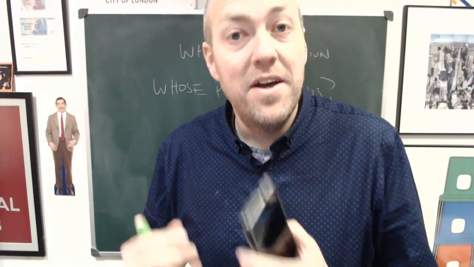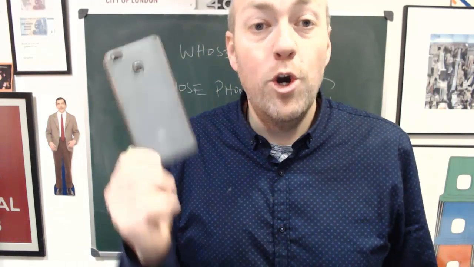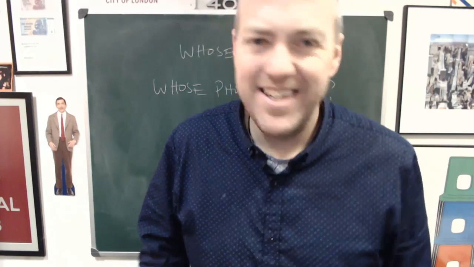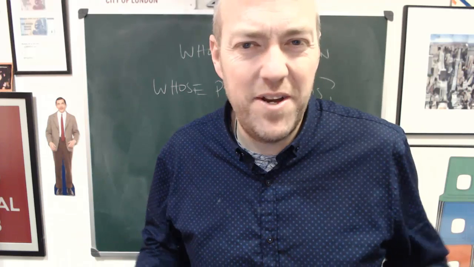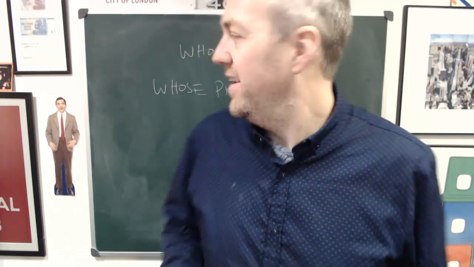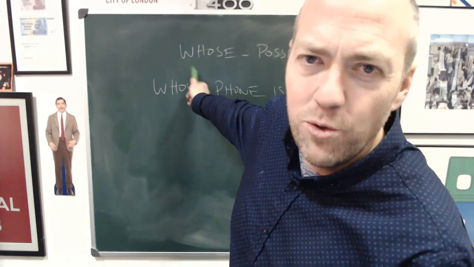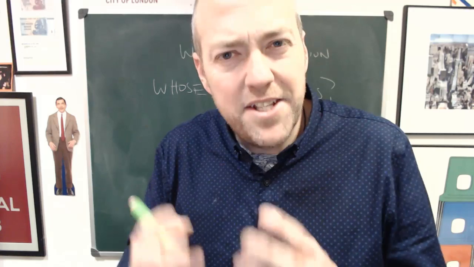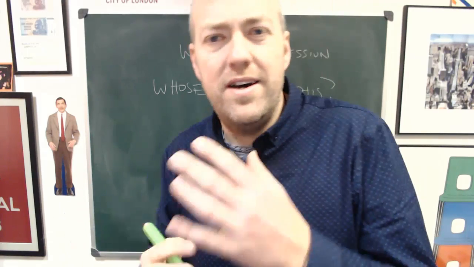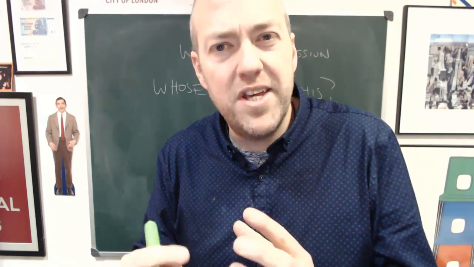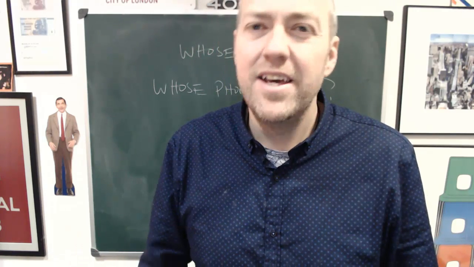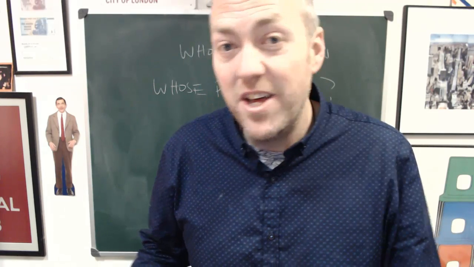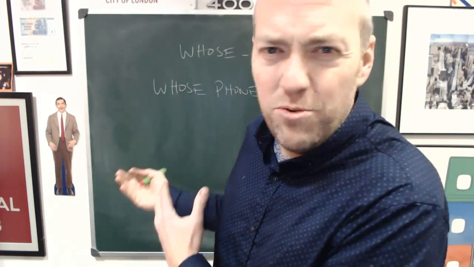Or I could say, very formally, I like the person whose phone is black. But this construction is very formal. Whose is something that native speakers try to avoid by using a different construction, because I think a lot of native speakers don't really know how to use this word.